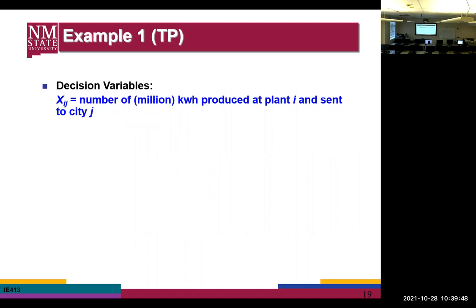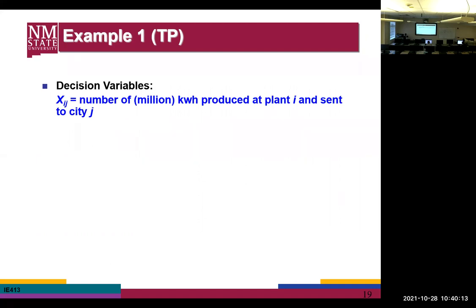And the decision variables are the values that will be determined. So basically, this is what you want to know, what must be determined within the model along the way to determining what you really want to know, right?